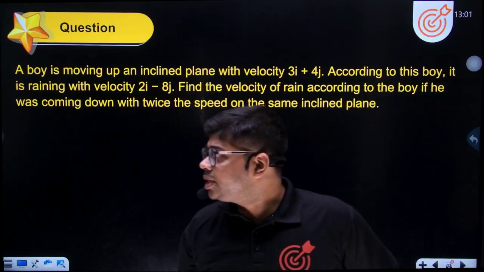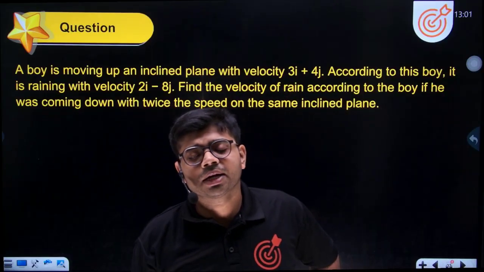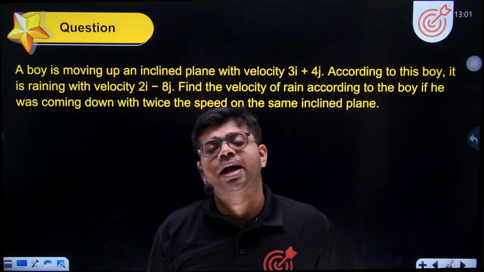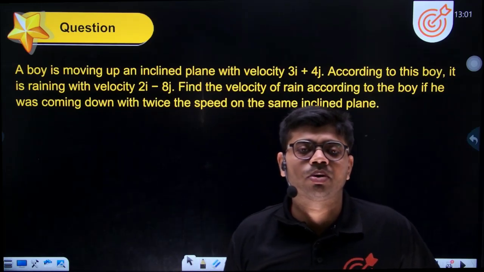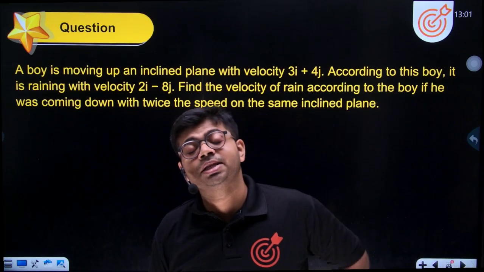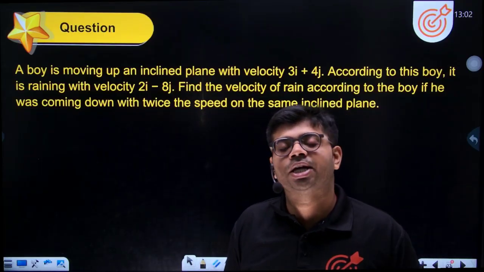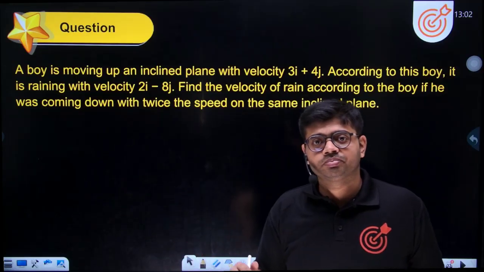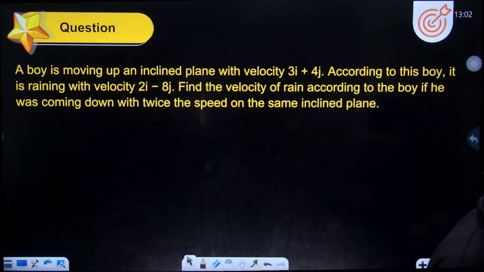For example, it is combining vectors, it is combining the concept of relative velocity, and on top of that it is a projectile motion or an inclined plane problem. So it is combining multiple problems together, and this kind of standard questions are asked in JEE. So I want all of you to actually read this, and then we will see how we are going to solve it.